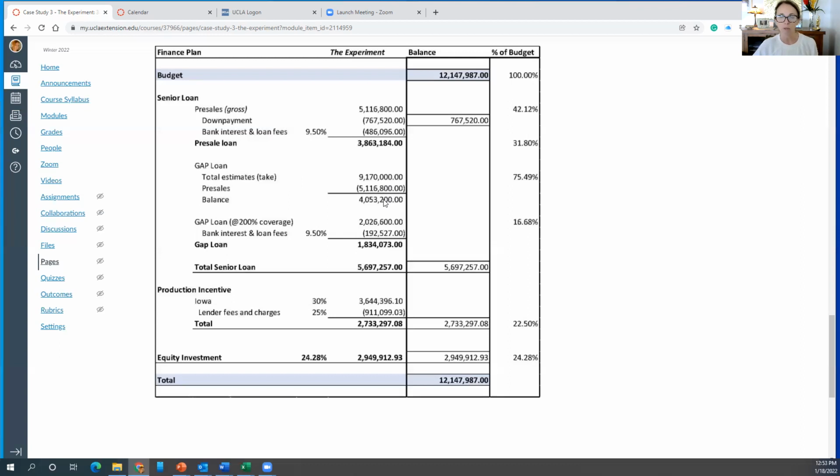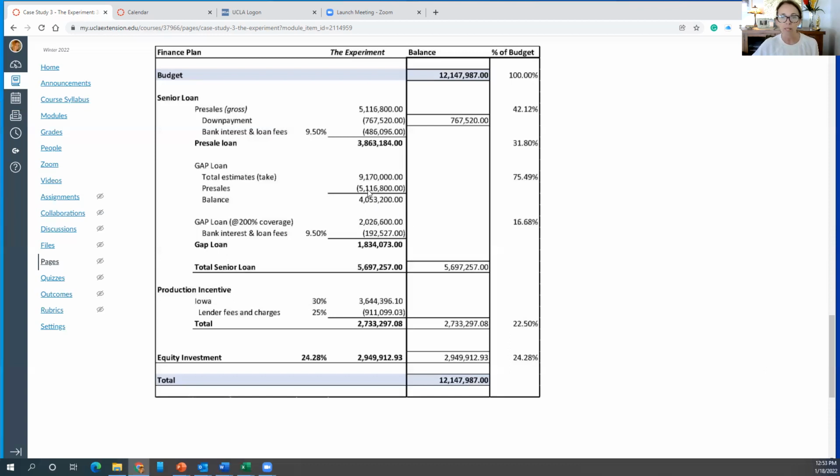Now, how do we know what sales we can still make? It's very simple. Remember, we had total sales estimates of 9,170,000 in the take column. We then pre-sold a few territories, so we have to take these territories out of the estimates because they're no longer available for us to sell.